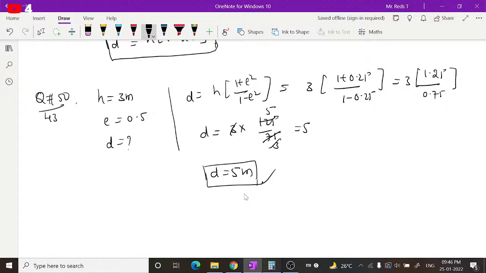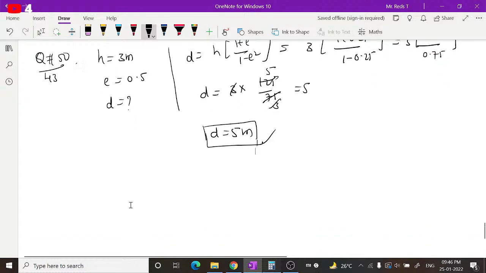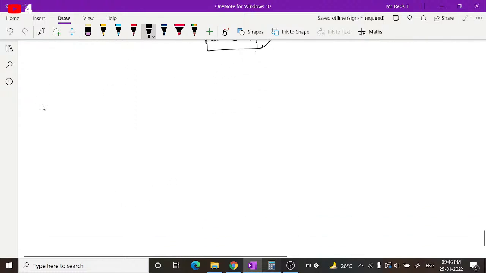Right, next. Question number 51. You can try question number 51. What is given here? A glass sphere of mass 5 milligram falls from a height of 3 meters onto a horizontal surface.